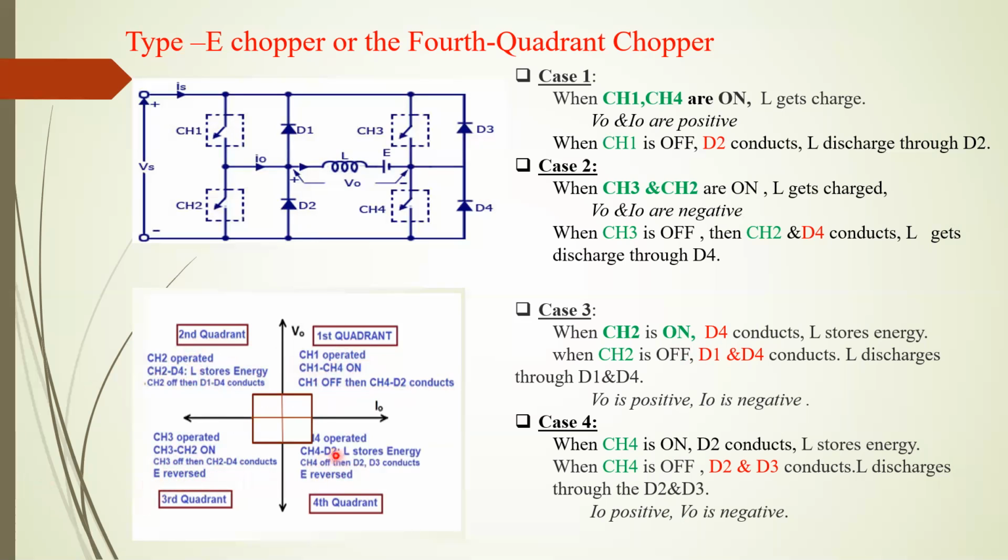And when CH4 is operated, L stores energy while CH4 is on, and L discharges through D2 and D3 as they conduct, and E is reversed. So this is all the types of quadrants, all the types of choppers we have discussed.